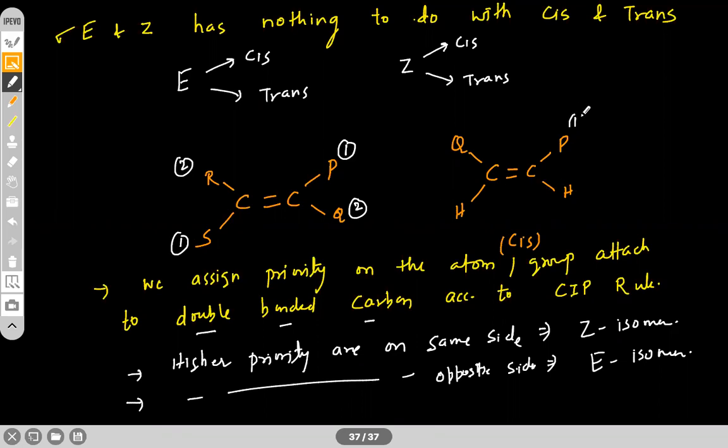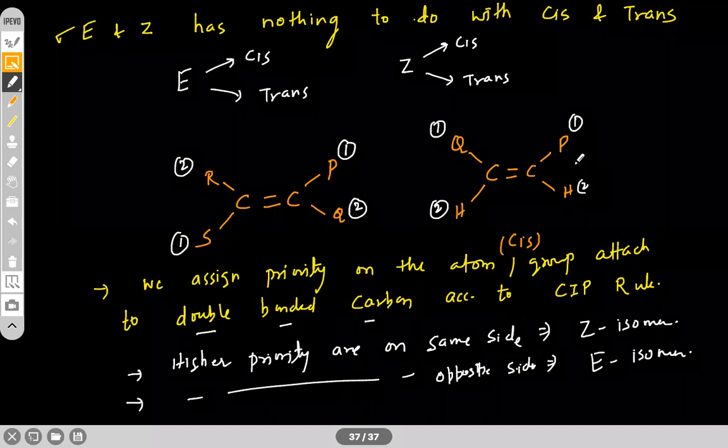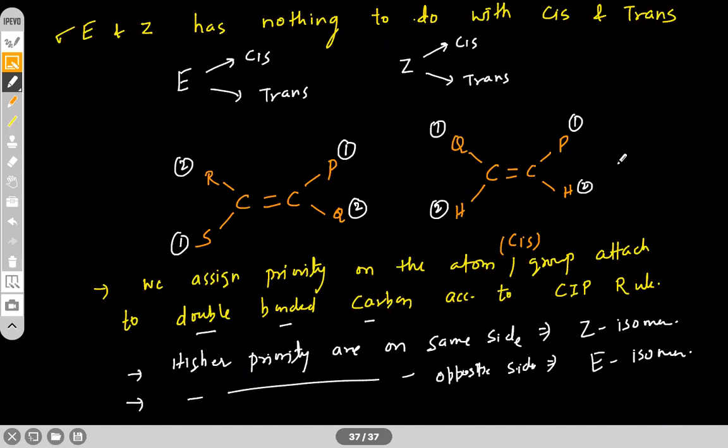If this P has more priority than hydrogen, and this Q has more priority than hydrogen, right? So higher priority on the same side, this one is the Z isomer. And this one is the E isomer.